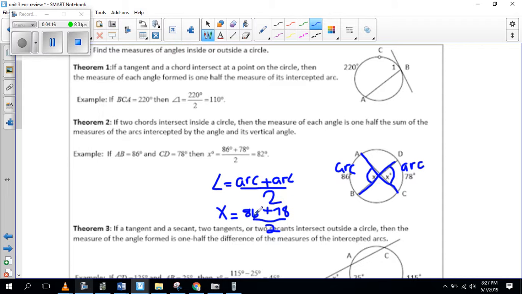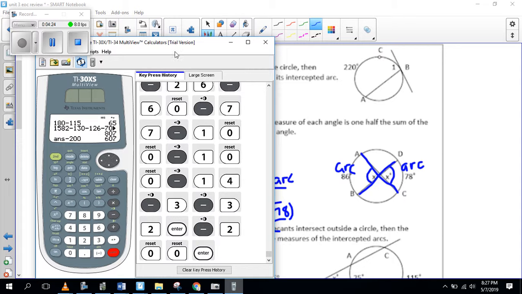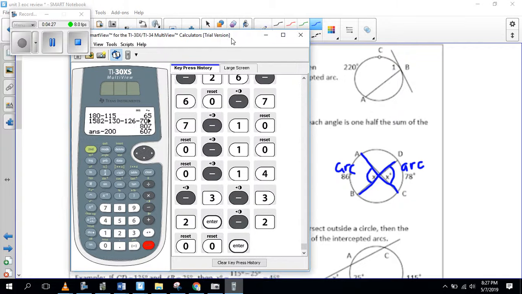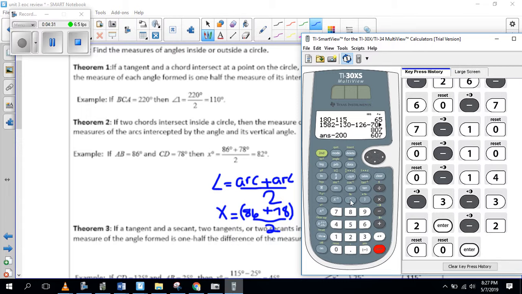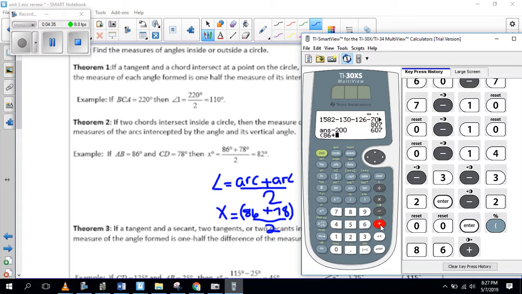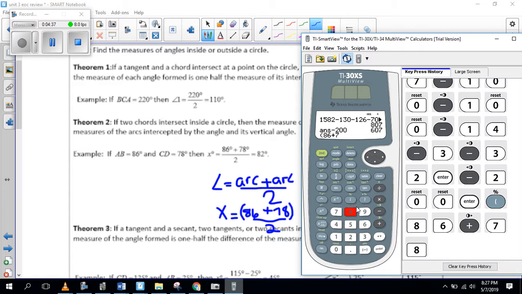Okay? And then if we put this in our calculator, guys, please remember to put parentheses, or do it one at a time. So when we do this, let me move my calculator over. We do parentheses 86 plus 78 divided by 2.